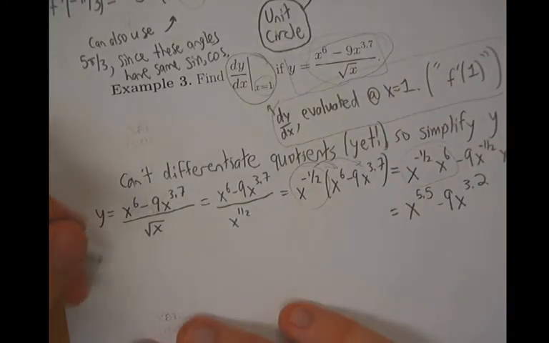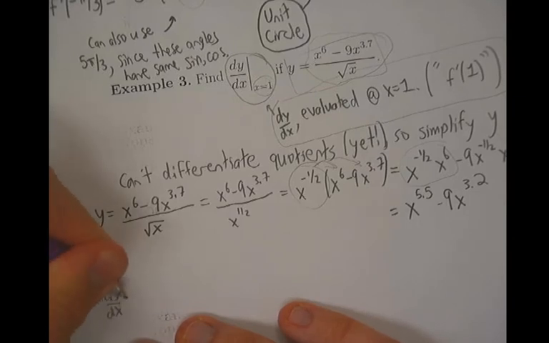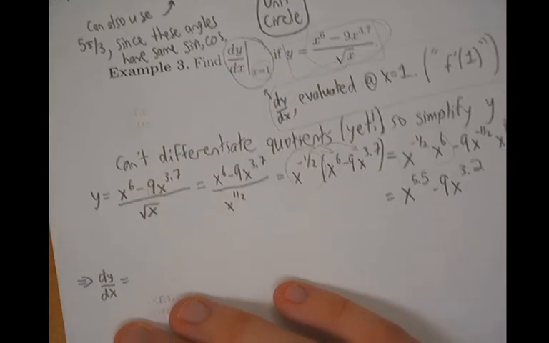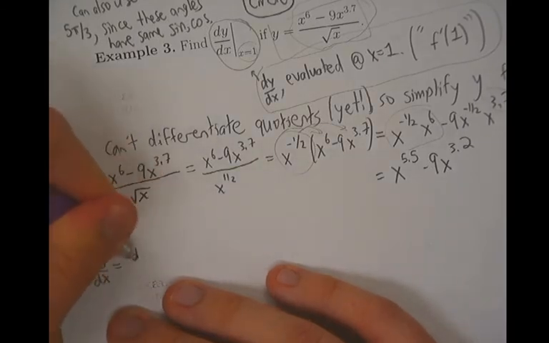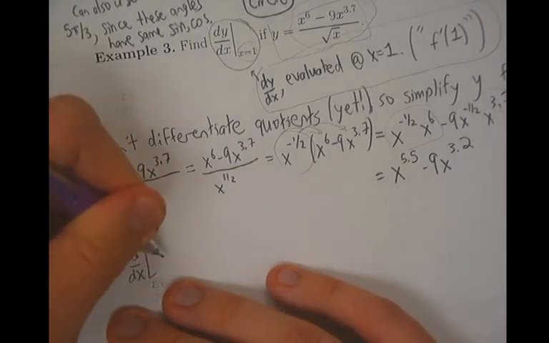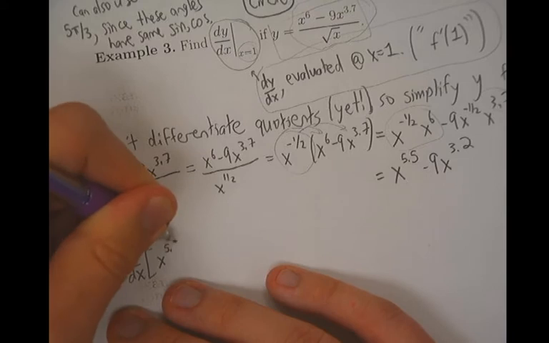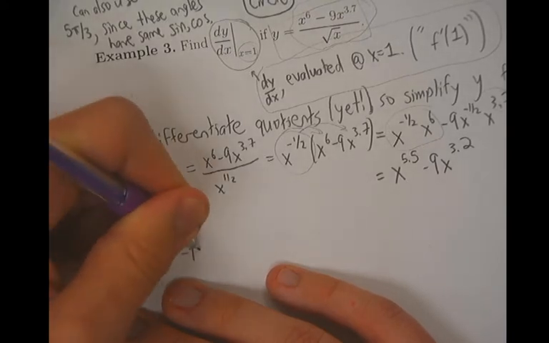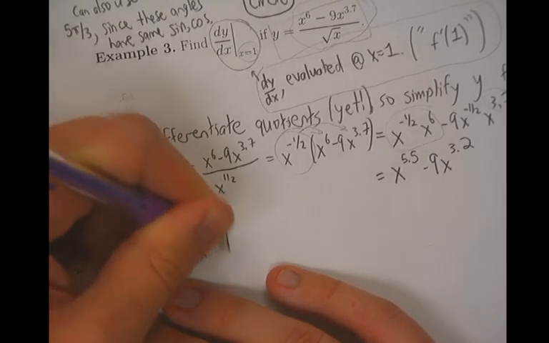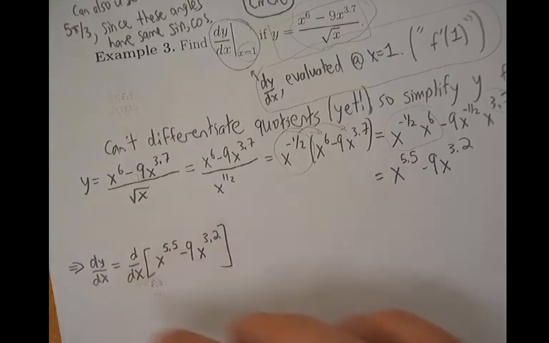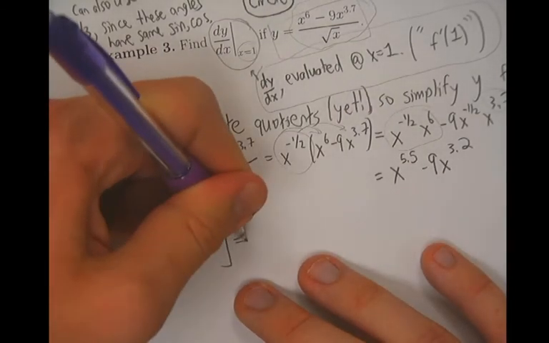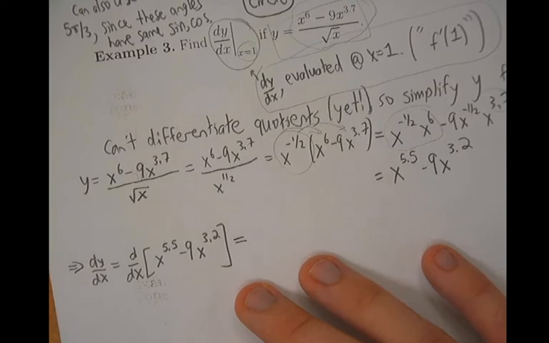Okay, now that we have that, dy over dx is just the same thing as trying to find our derivative. So now we need to find the derivative with respect to x of x to the 5.5 minus 9 times x to the 3.2. Okay? So do the same thing as we've been doing. In this case, we use our power rule.